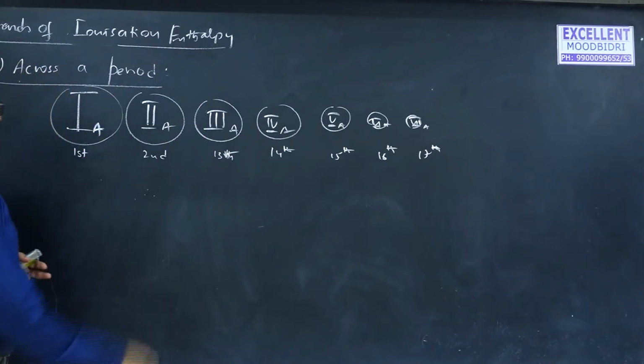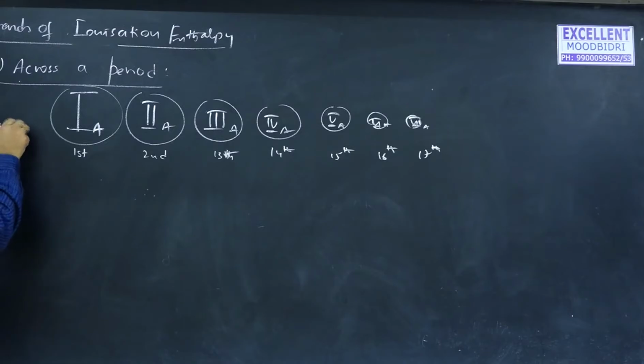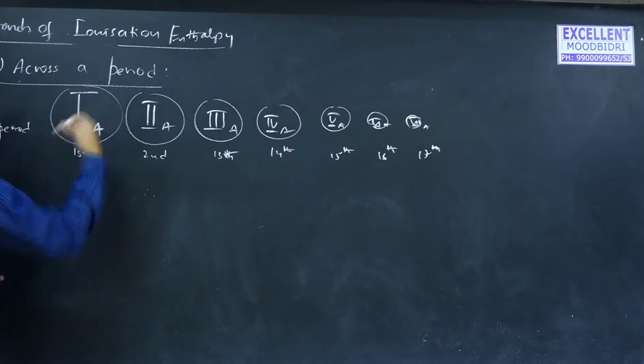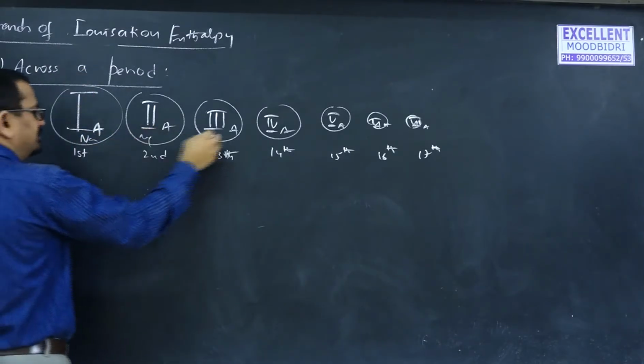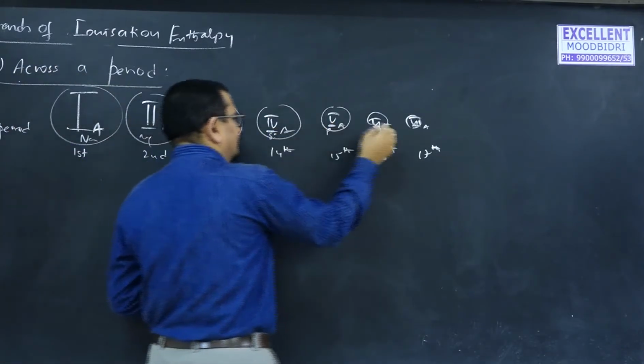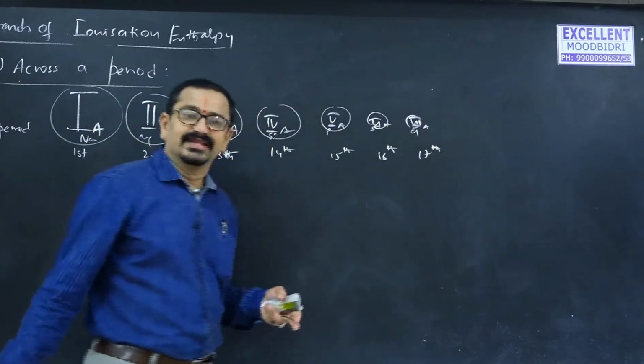For example, take the third period. What are the third period elements? Sodium, magnesium, aluminium, silicon, phosphorus, sulfur, chlorine, in that way.